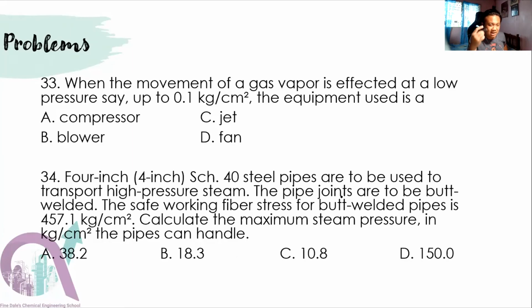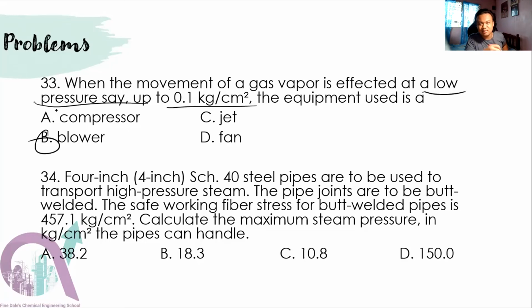And so number 33, movement of gas vapor affected at low pressure. For low pressure, you have to remember this. If it is low pressure, say 0.1 kilogram force per square centimeter, the equipment used is A, the blower.